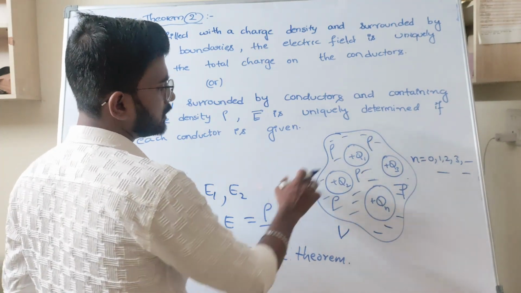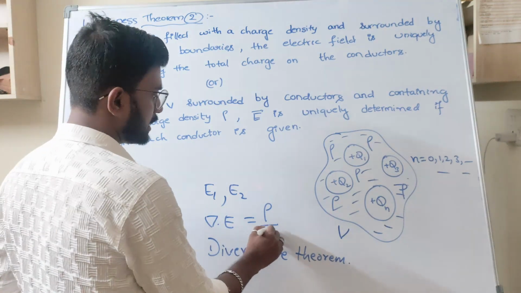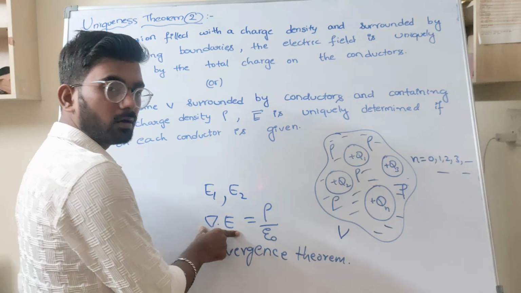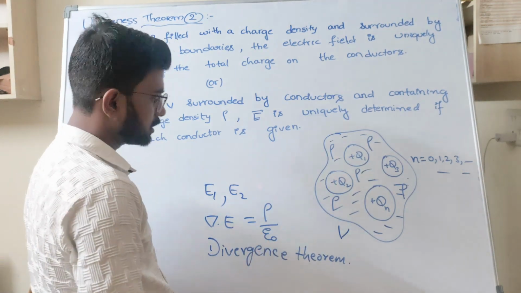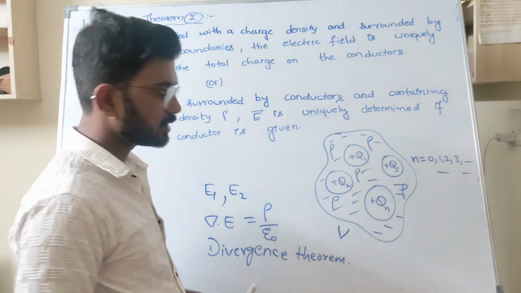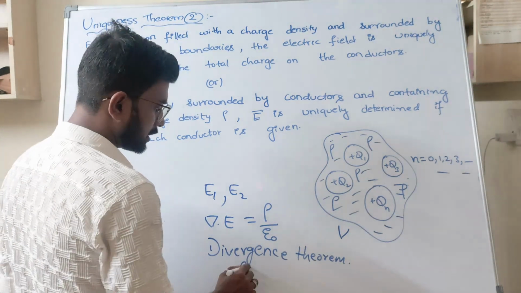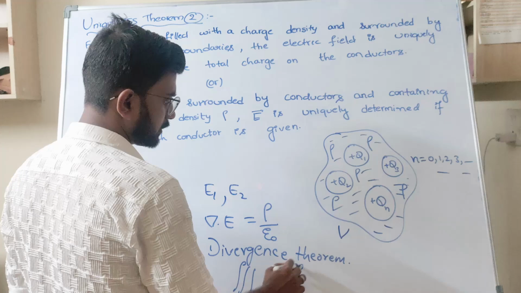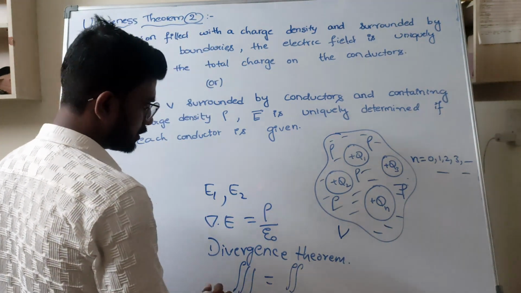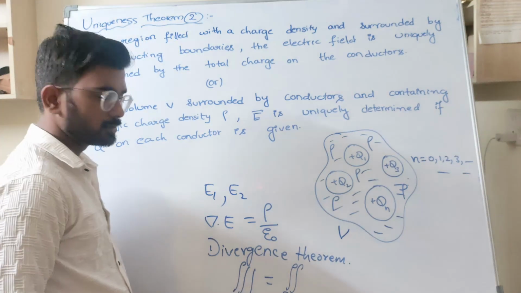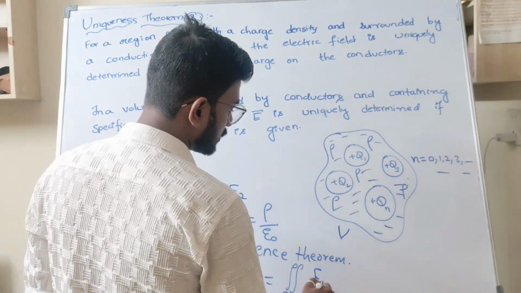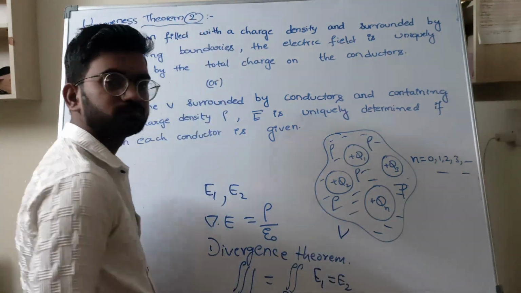Divergence of E is equal to rho by epsilon naught. This is Gauss law. The divergence theorem means the volume integral is equal to the surface integral. By applying this, I can prove E1 is equal to E2.